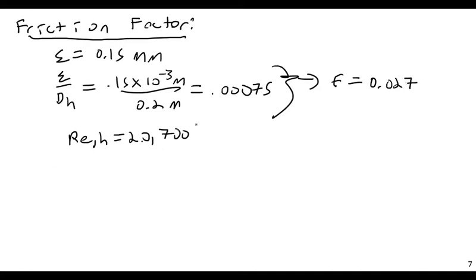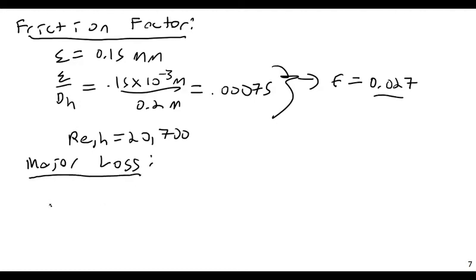And then finally, once I have the friction factor, 0.027, I can find the major loss fairly trivially. And this is what we're actually after, the actual amount of head loss over the course of the 12-meter pipe length.